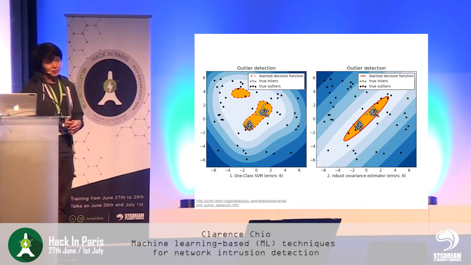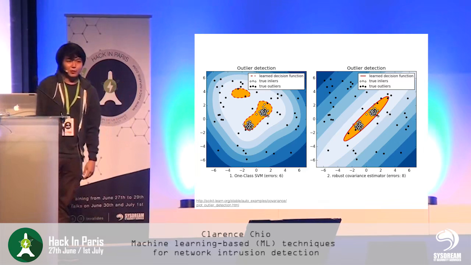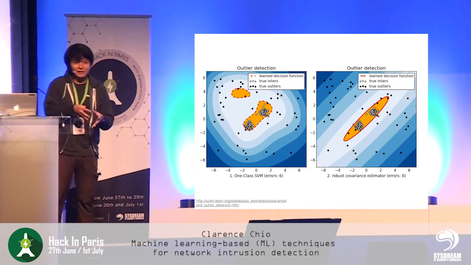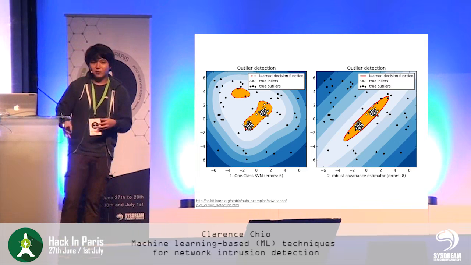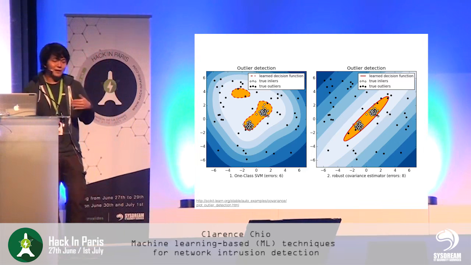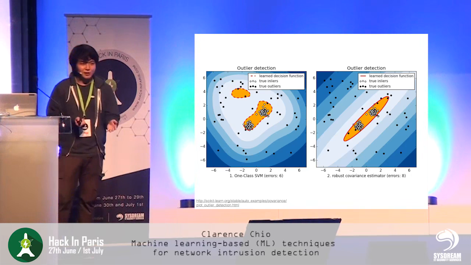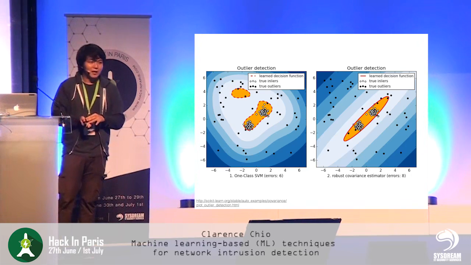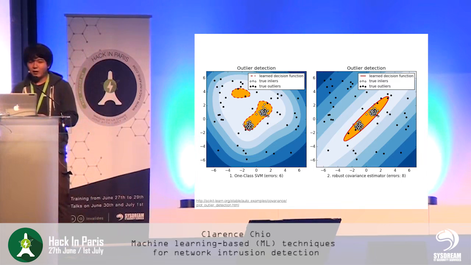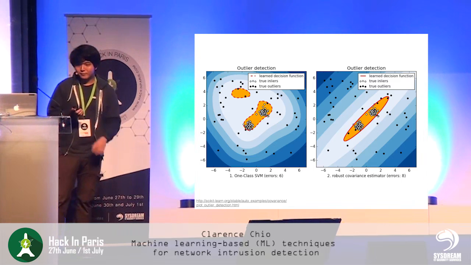And this kernel would be able to define a decision boundary in which you would classify as normal if it's inside the decision boundary and abnormal if it's outside. Then if traffic comes in that maps to anywhere outside your decision boundary, then you would basically classify it as abnormal and maybe block it, maybe send it to a CAPTCHA page, or maybe send it to some other page to verify that they're not automated traffic.